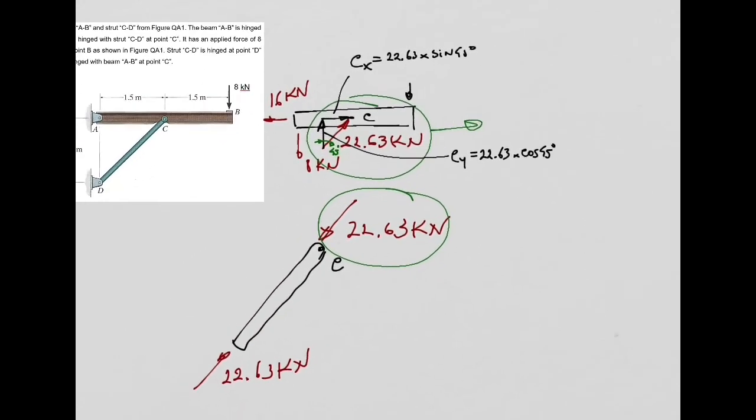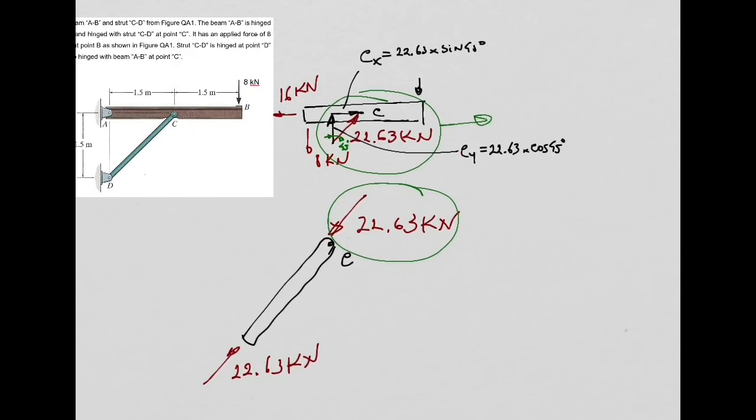What are the reactions at point C at the beam? Those reactions are this Cx, Cy, and we obtained that from Newton's third law, action-reaction. We knew the force in the strut. We know that same point C on the beam needs to have the same force but in the opposite direction. Okay? Yes?